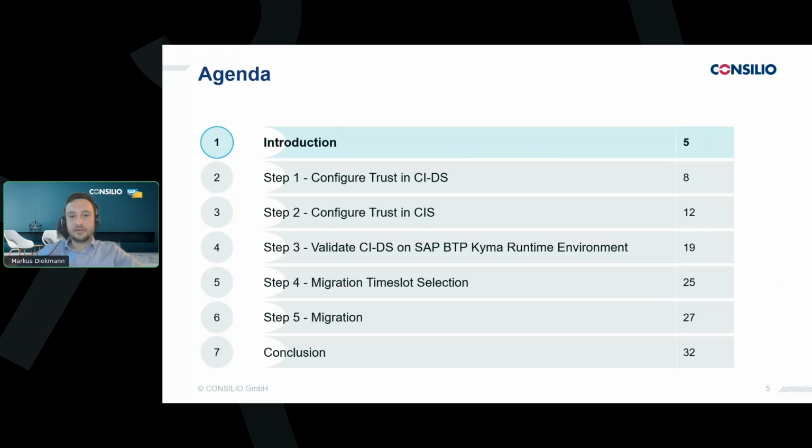Then we will do a validating step in the Kyma environment and perform required pre-configurations so that the systems can communicate with each other. Then the migration time slot selection will be done. This is your go live date when you switch from the Neo environment to the Kyma environment in productive systems.